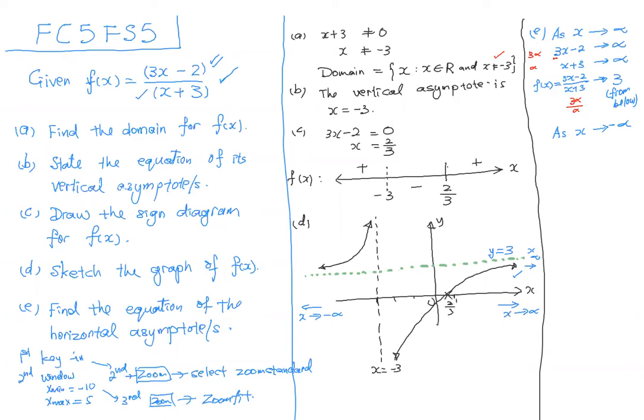As x approaches negative infinity, 3x minus 2 approaches negative infinity. Then x plus 3 also approaches negative infinity. So it will be negative 3 infinity over negative infinity. So it will be 3. So that is your imagination, correct? So you will approach 3.